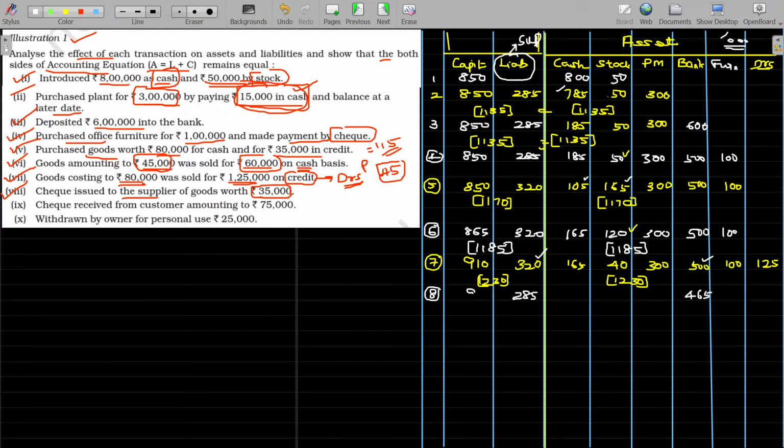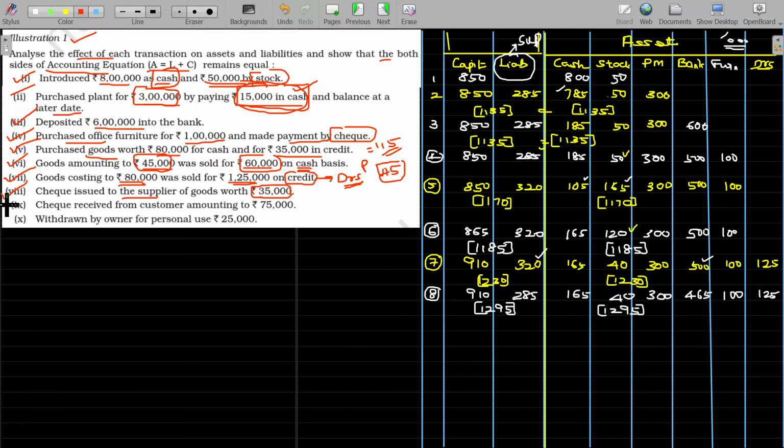So capital being 910, cash being 165, stock being 40, plant and machinery 300, furniture 100, and debtors 125. We don't have any changes. If I add up this, the total being 1295. Liability side should match the asset side. The equation still stands correct.